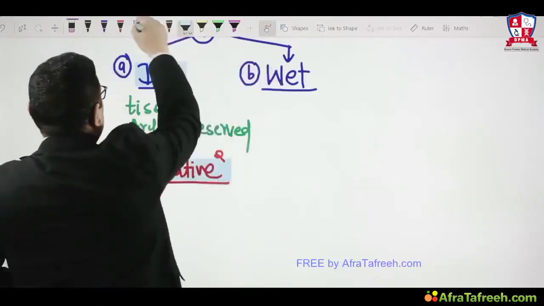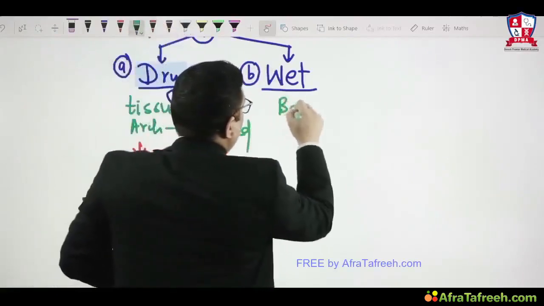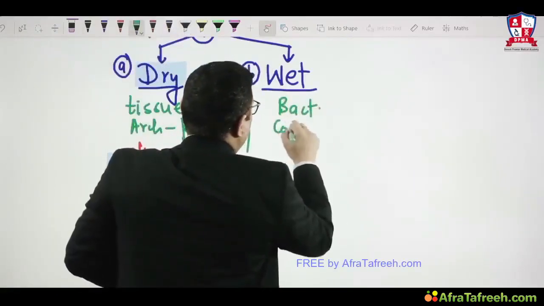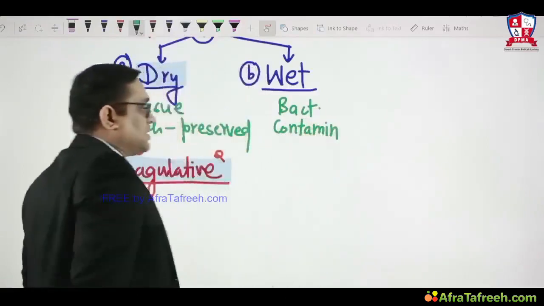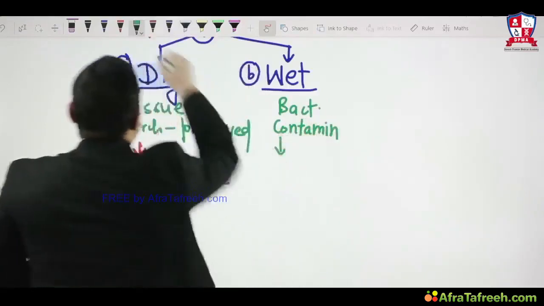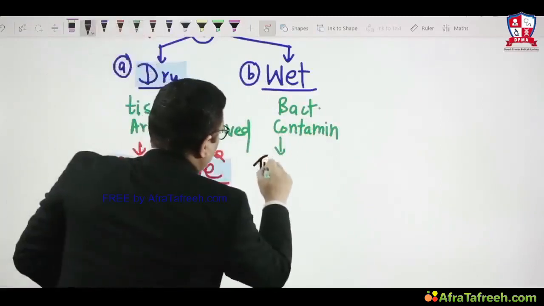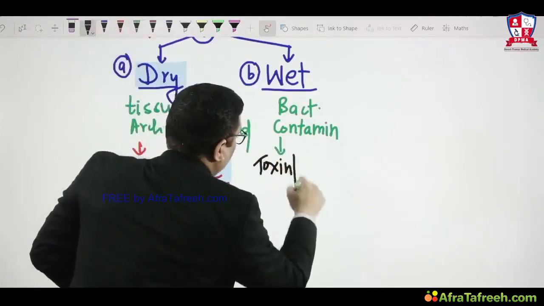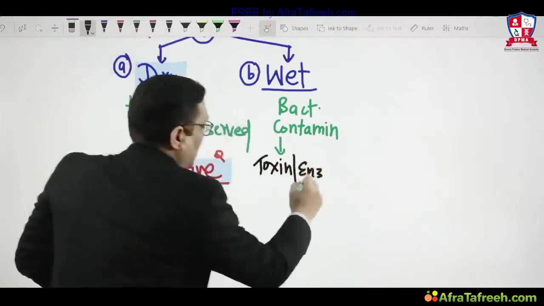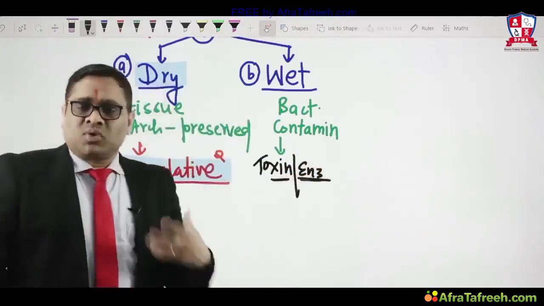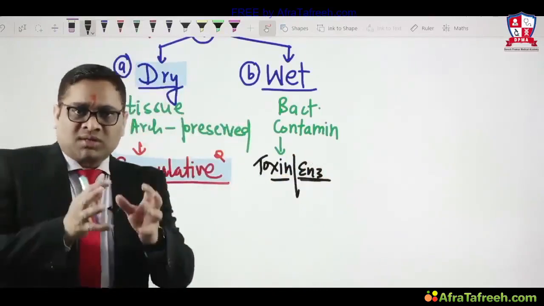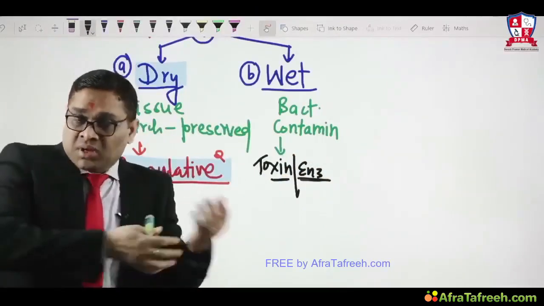Because of bacterial contamination, there will be release of toxins and enzymes, right? So what are these toxins and enzymes going to do? They will cause hydrolysis of the remaining tissue.